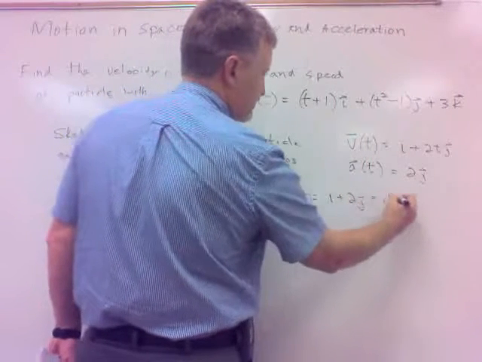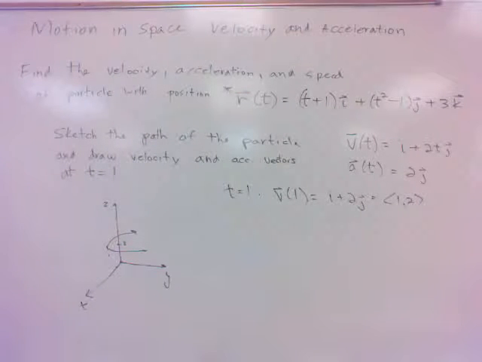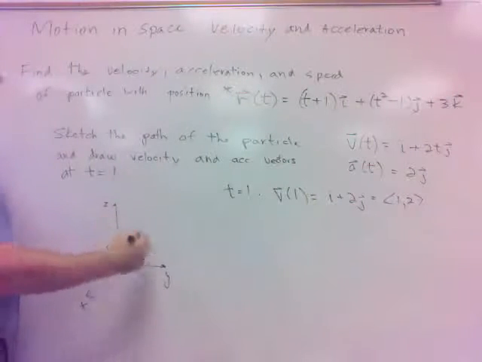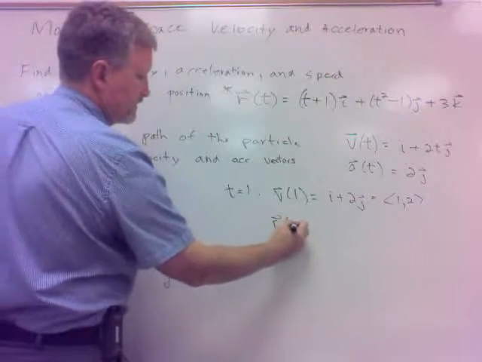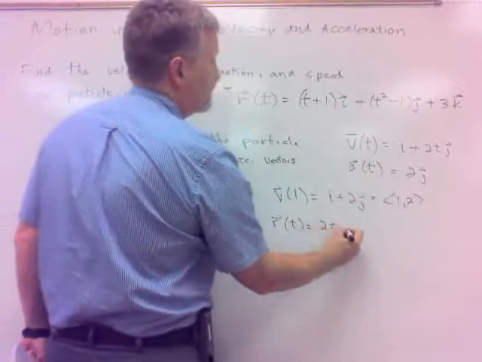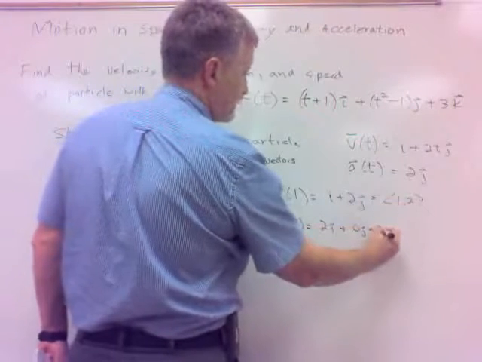So we've got a (1, 2) vector, basically 1 in the x, 2 in the y. There's no k component, so it's staying at the same level. So at t equals 1, where are we on our graph? Well, the position would be 2i plus 0j plus 3k.